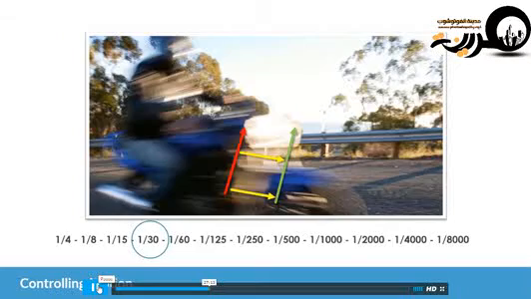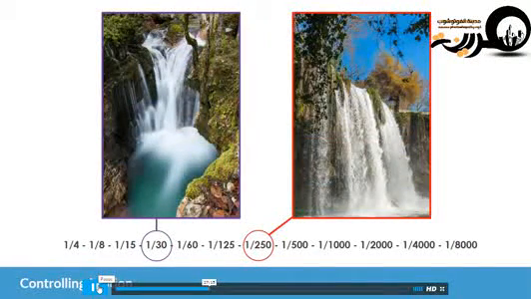Okay, so let's see how this applies to going back to our waterfalls. Here we have two examples of how you can control motion in your image. The first photograph is captured at about a 30th of a second, maybe a slight exaggeration here, just to give you the idea, to give the water time to flow through the scene and create a sense of movement and this nice, silky, smooth effect.